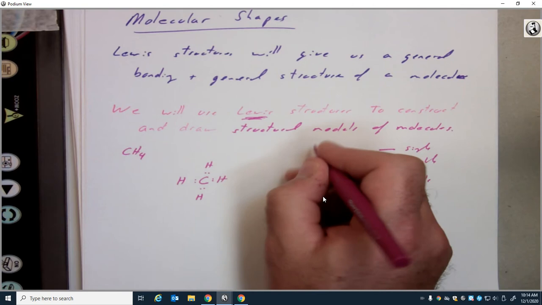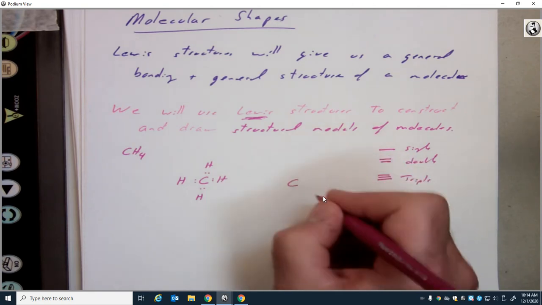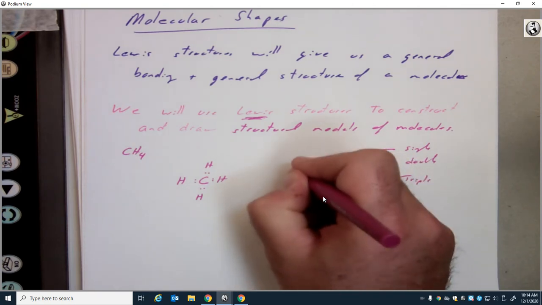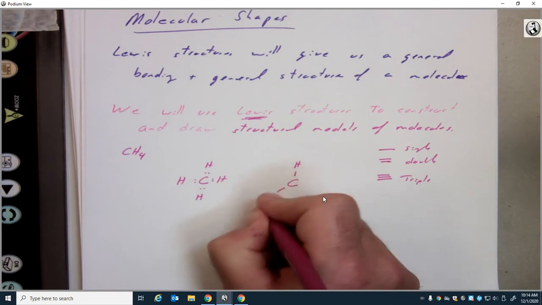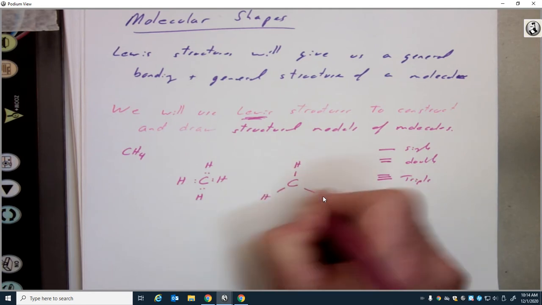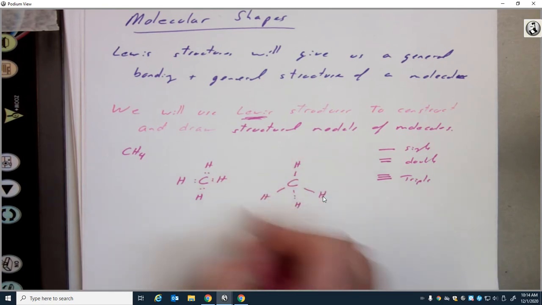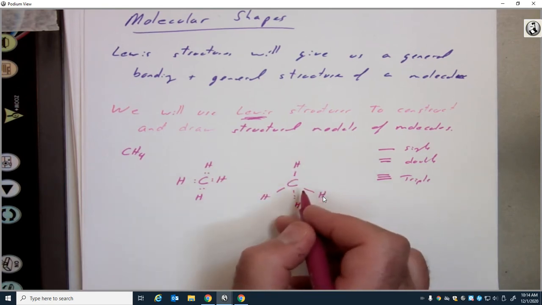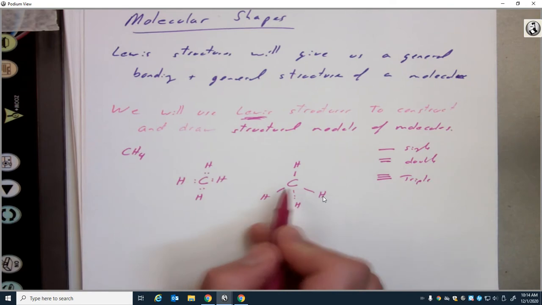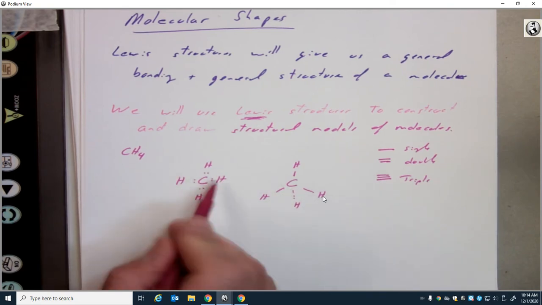And our structural formulas try to show some shape. So in this case, we would draw something like this, and that's a dotted line. So this would be our structural model of methane. But to get to here, you have to start with this guy, because you need to know what type of bonds there are.